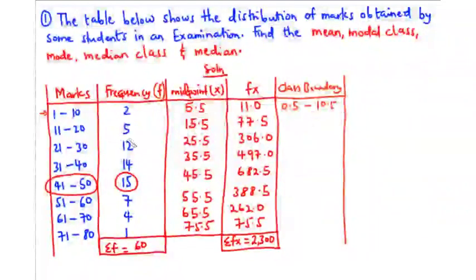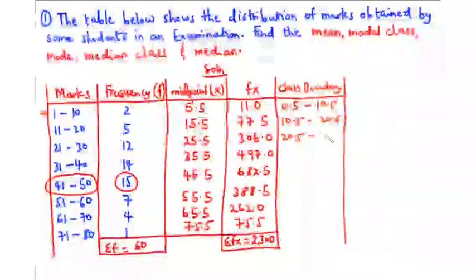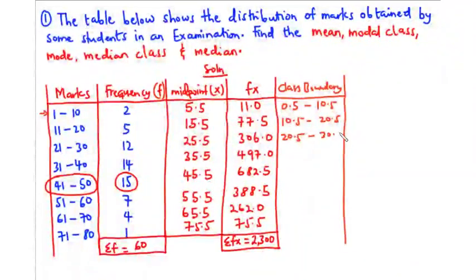We do the same for the next interval. 11 minus 0.5 is 10.5, and 20 plus 0.5 is 20.5. For the next interval, 21 minus 0.5 is 20.5, and 30 plus 0.5 is 30.5.